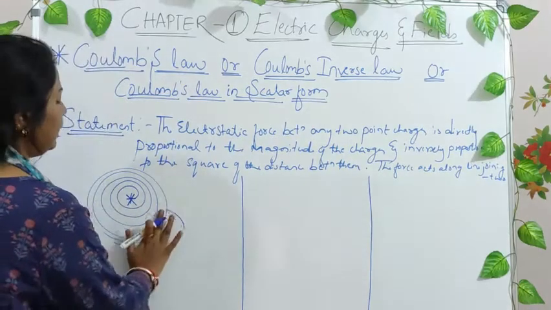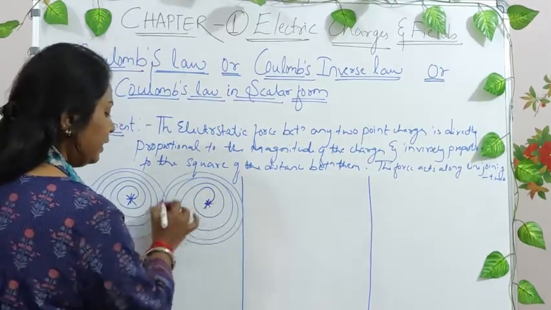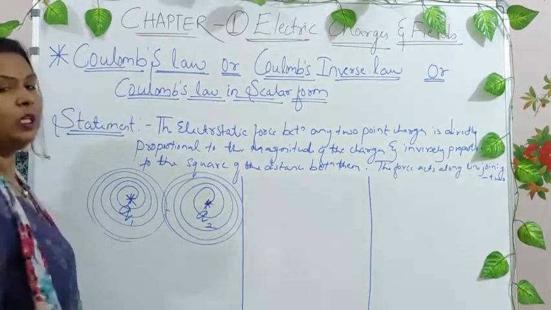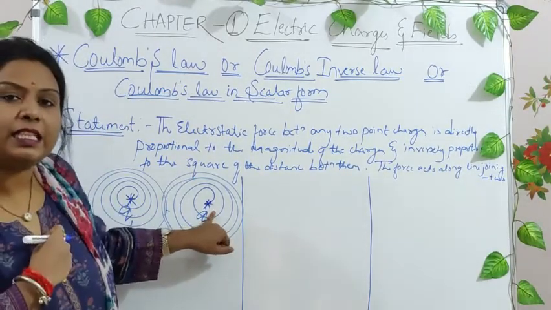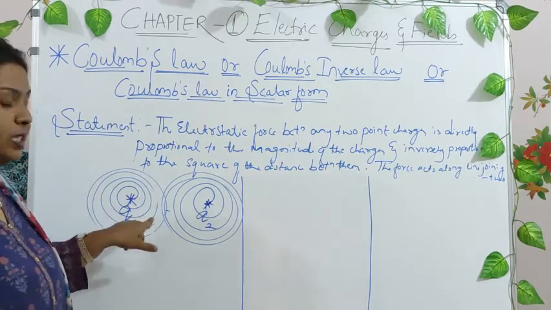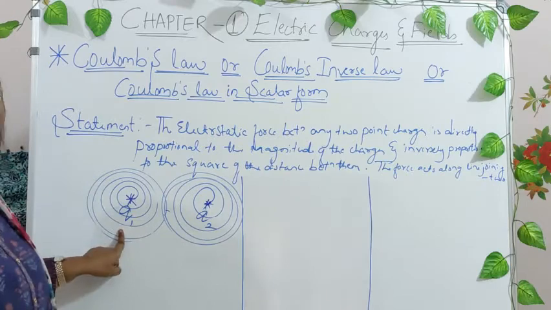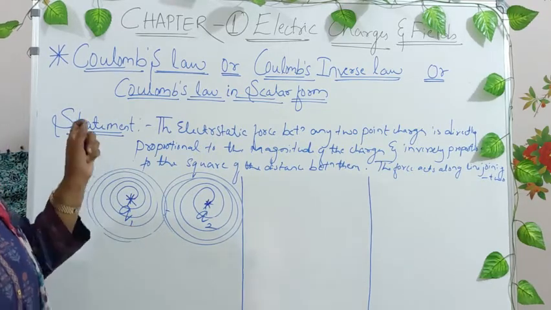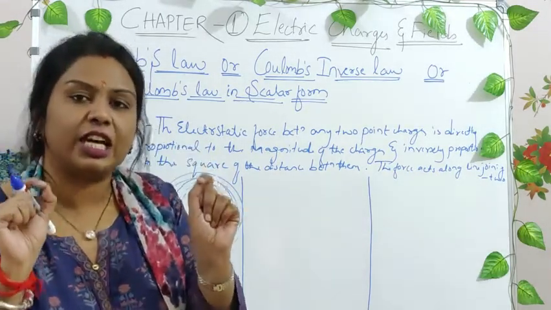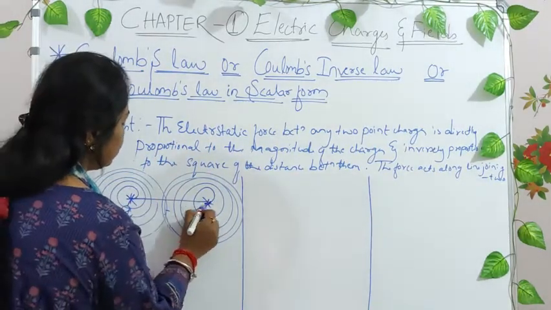And say for example you have another charge here, which also has its electric field. Let us say this is charge Q1 and this is charge Q2. Now charge Q2 experiences a force due to the electric field lines of Q1, and in a similar way charge Q1 also experiences some force due to the electric field generated by charge Q2. So in Coulomb's law, what we do is find out the exact amount of force produced between these two charges.